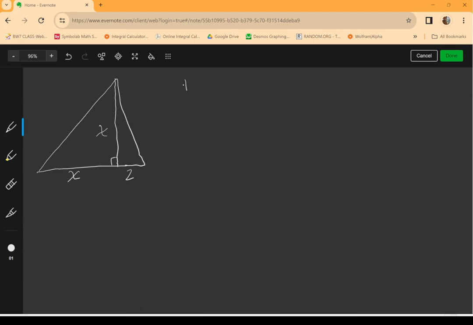We're asked to find x if the area of triangle ABC is 12.